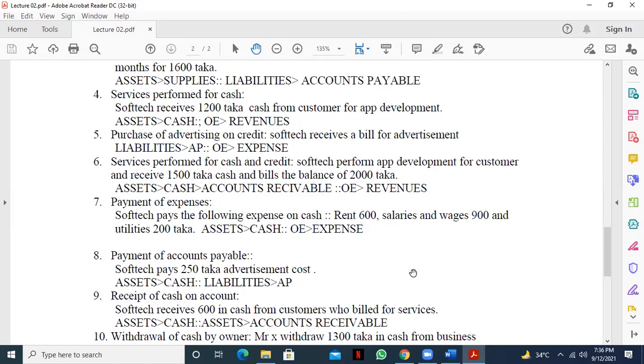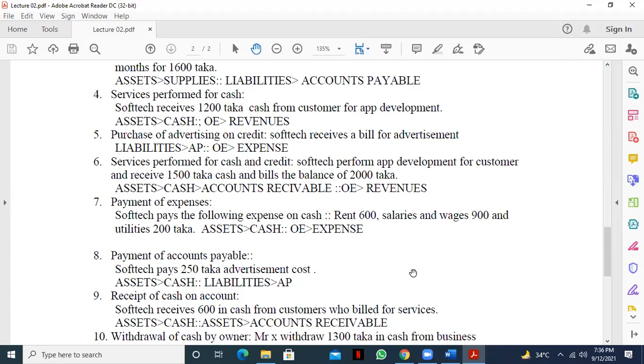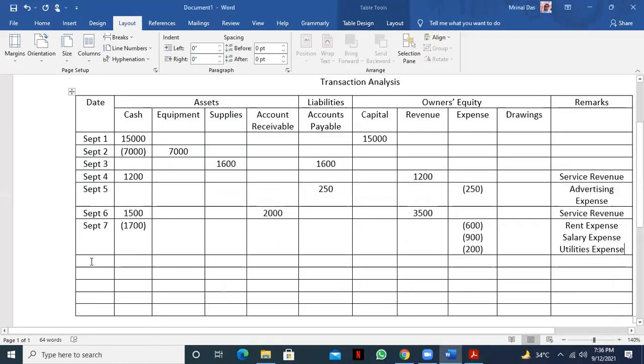But here we pay the accounts payable. So cash will decrease and accounts payable will decrease. 250 taka will be deducted from cash, and also deducted from accounts payable, 250 taka. September 8.